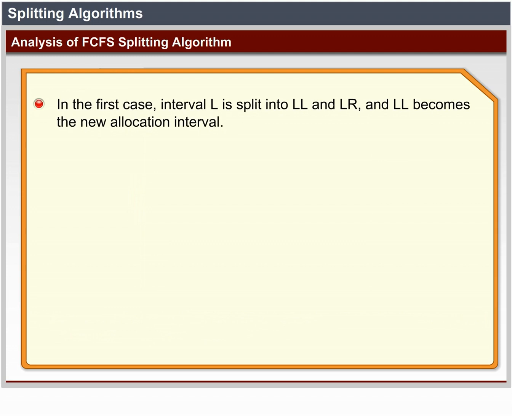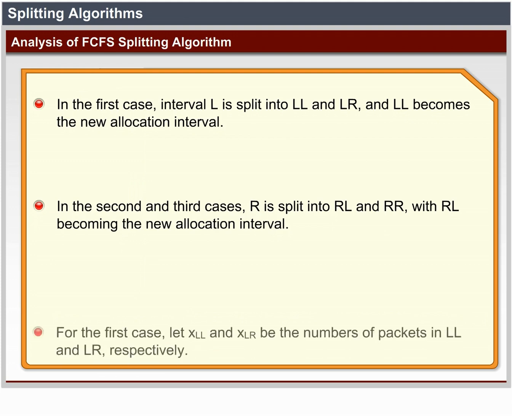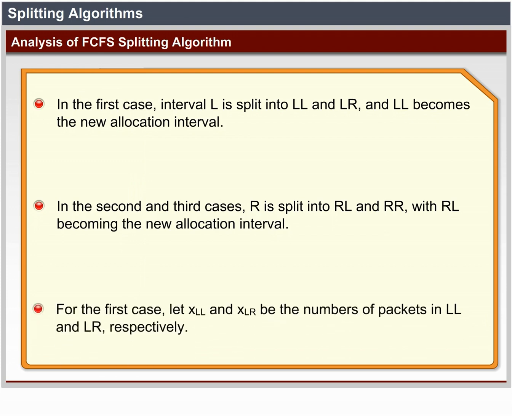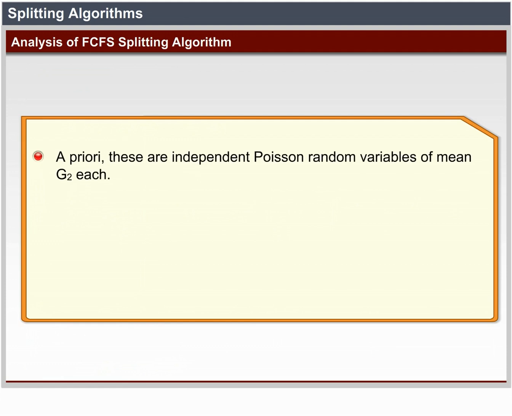In the second and third cases, R is split into RL and RR, with RL becoming the new allocation interval. For the first case, let XLL and XLR be the number of packets in LL and LR respectively. A priori, these are independent Poisson random variables of mean G2 each.